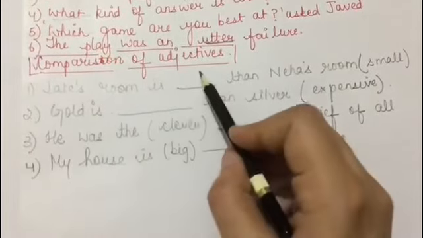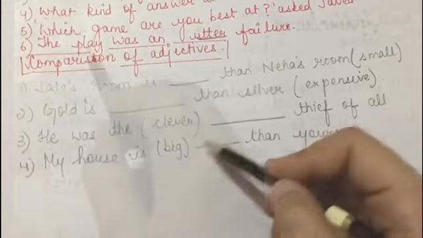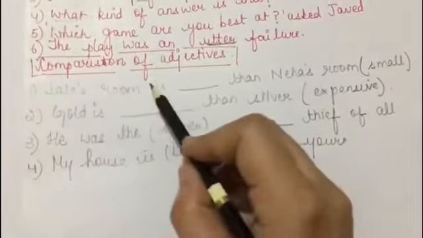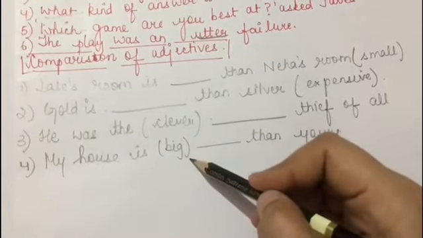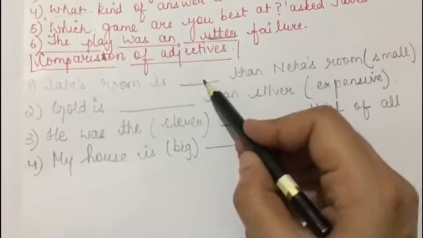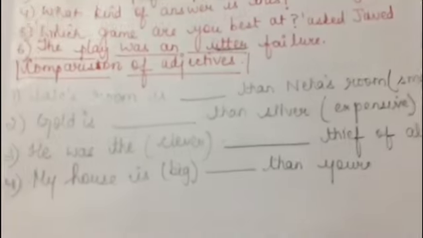The next question is comparison of adjectives. The options are being given to you, and you just have to write the correct option over here. Like, Jake's room is dash than Neha's room.